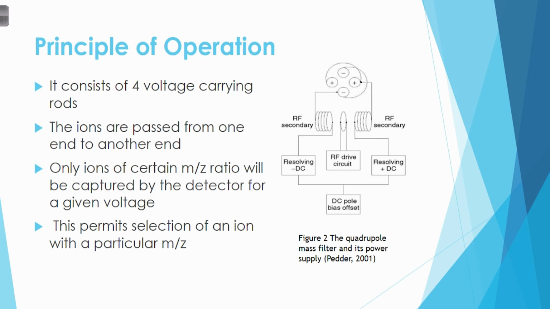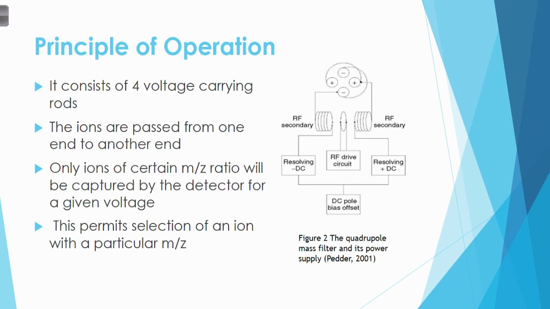In simpler terms, a radio frequency voltage is applied between the two pairs of rods so that ions will then travel from one terminal to the other. Only ions of certain mass to charge ratio will be captured by the detector. On the contrary, all other ions that do not have a stable trajectory will then collide with the quadrupole rod.